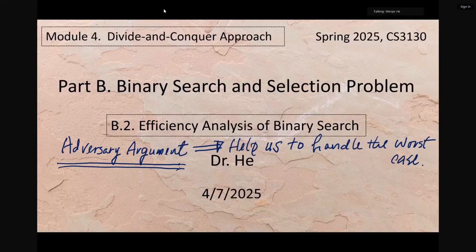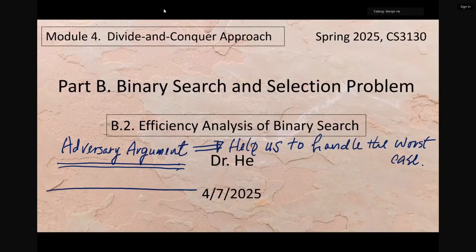So we should ask our adversary, which case do you want to give us? The adversary will pick the worst one. The adversary won't pick the better one for you. That's the adversary argument.